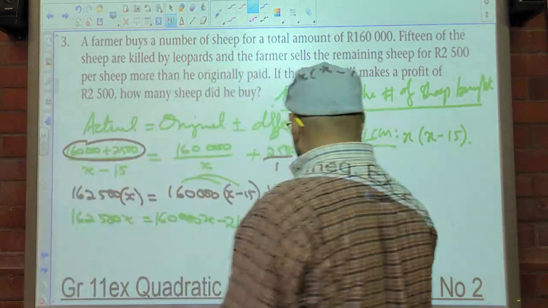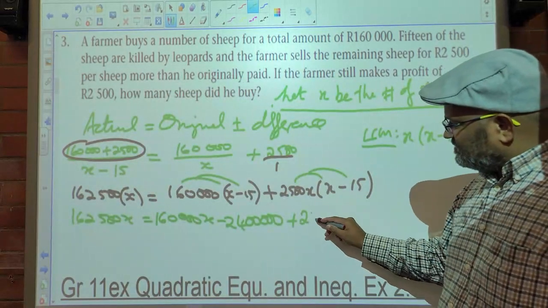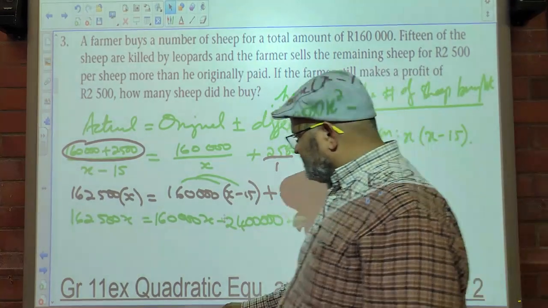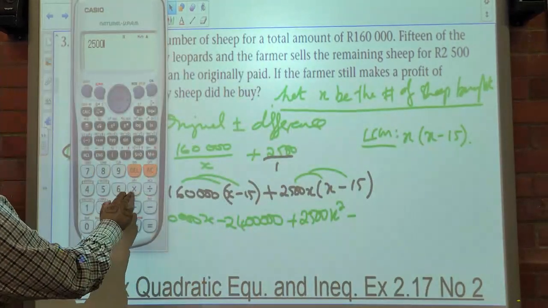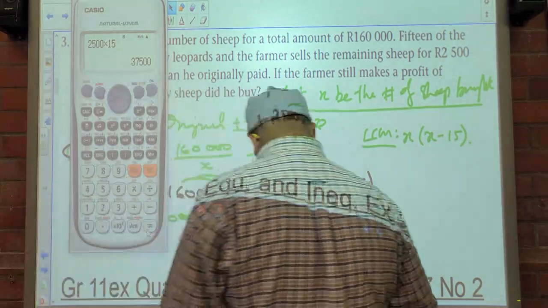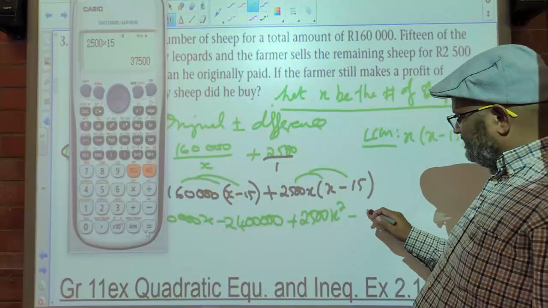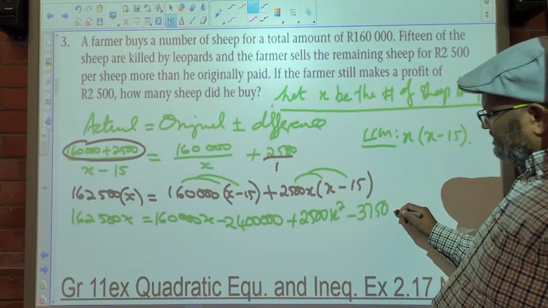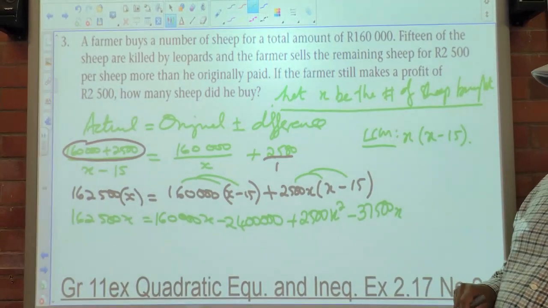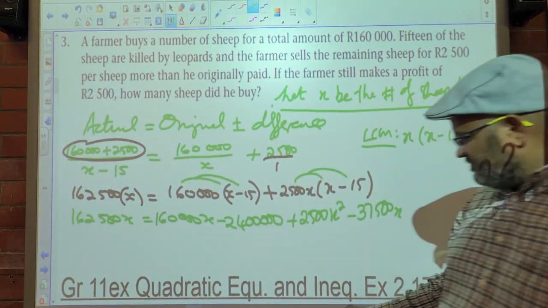Plus, that is going to give me 2,500x squared minus 2,500 multiplied by 15, which gives an answer of negative 37,500x. So what is this now to us? Quadratic equation, not so?